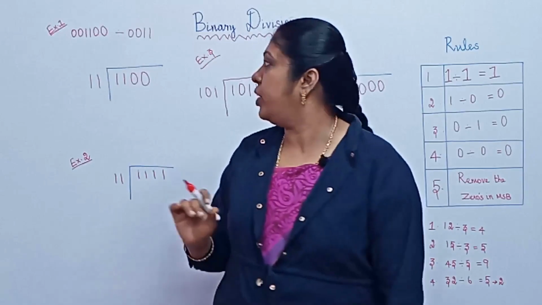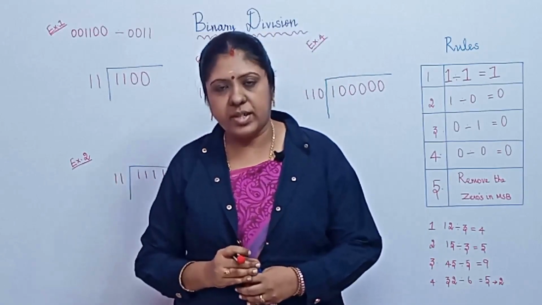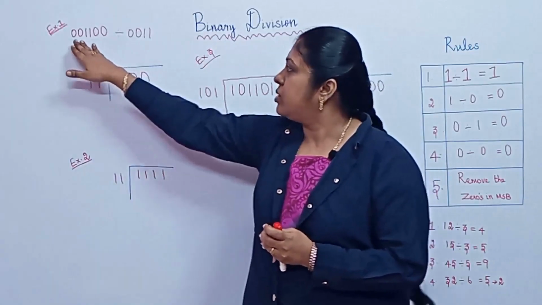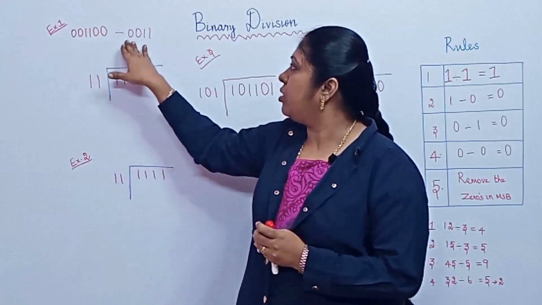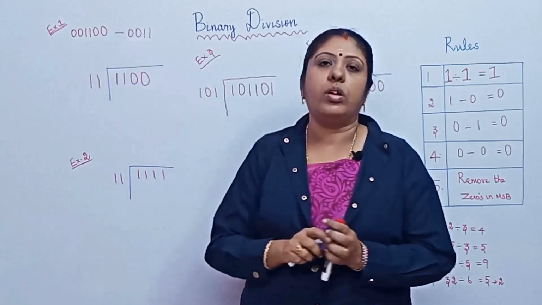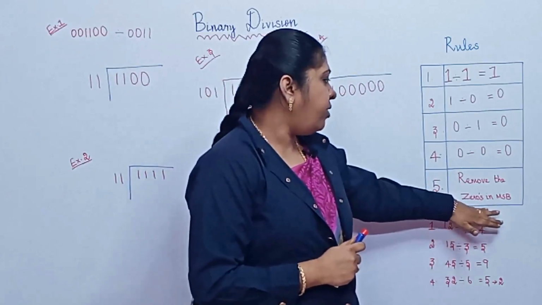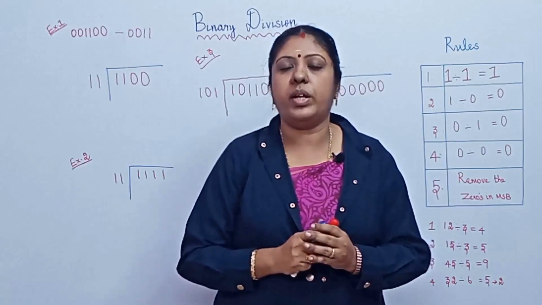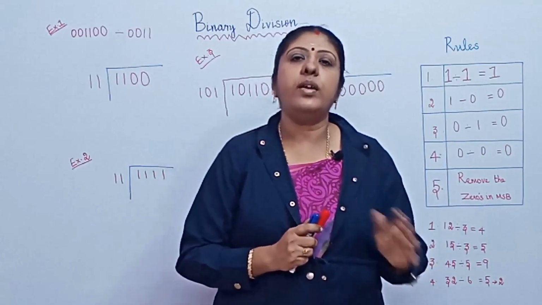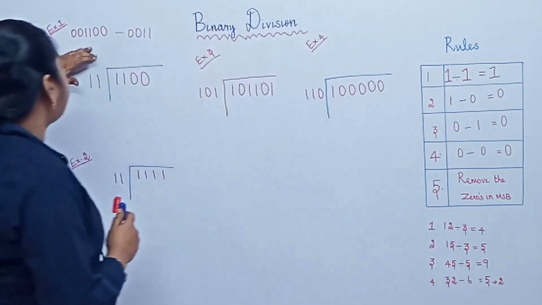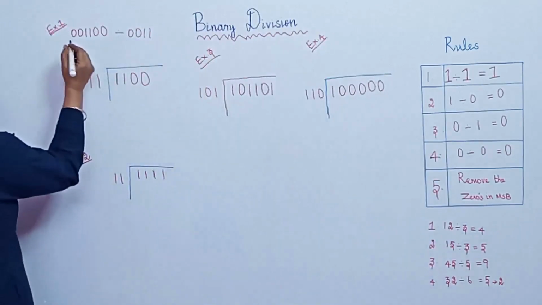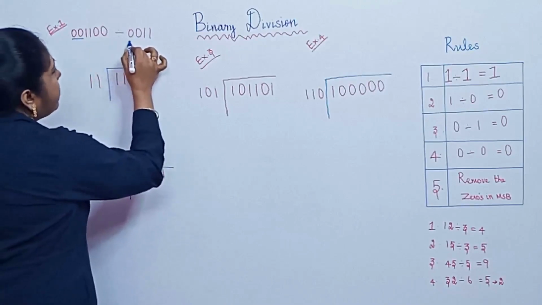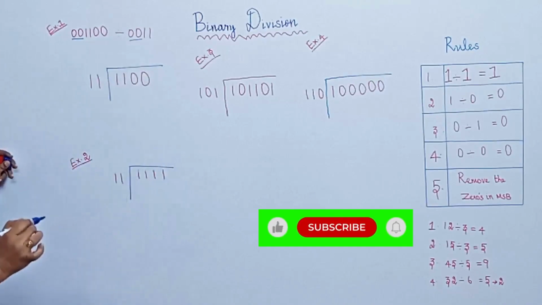Now let's move on to the video. Let's move on to the first example. Example 1: 00110 divided by 0011. We discussed in rule number 5 to remove the zeros in the MSB. MSB is nothing but the most significant bit, that is the first digit of the binary number. Here in this example, we have 2 zeros in the first 2 digits, and in the divisor also we have 2 zeros.